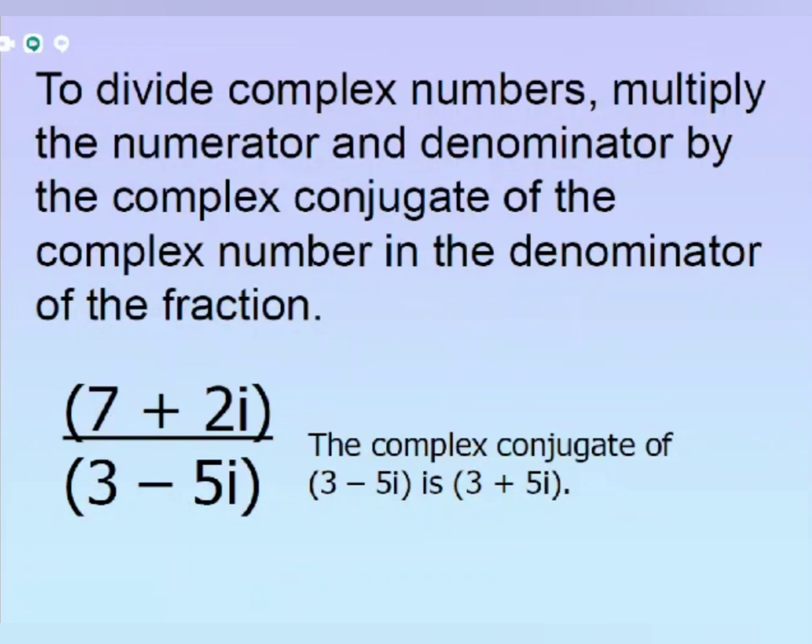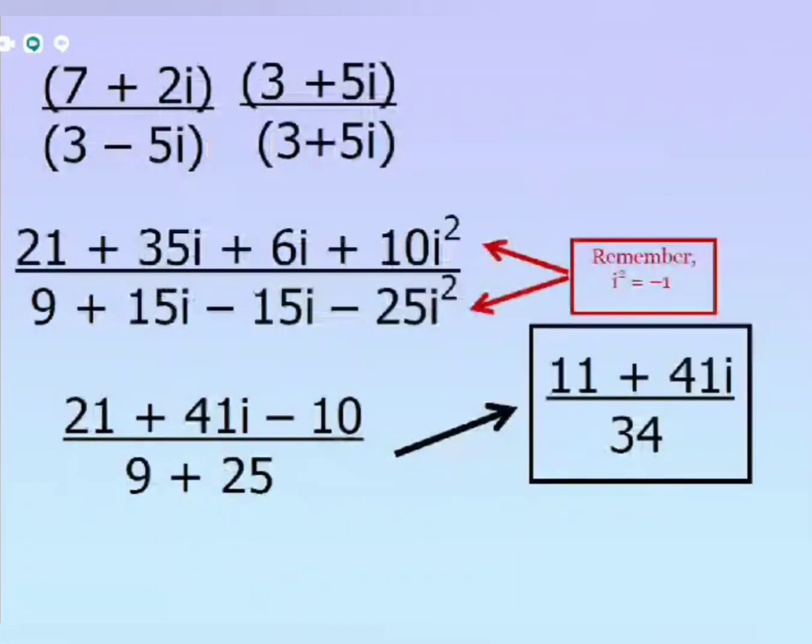Multiplying denominator and numerator by 3 plus 5i, we have (7 plus 2i) into (3 plus 5i) divided by (3 minus 5i) into (3 plus 5i).